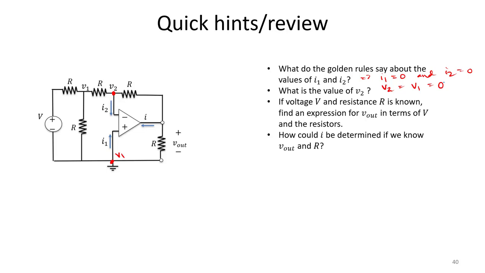In the next part of the question, we are asked to find an expression for V out in terms of this voltage V and our resistors, if we know what voltage V and resistor R are. Well, how would we do that? Let's think about what we know. We just learned that V1 is 0 volts and V2 is 0 volts. So what we can do is a node equation and do node analysis at my voltage V1.